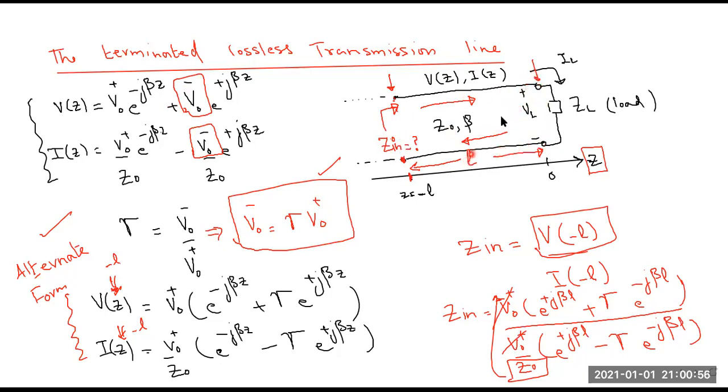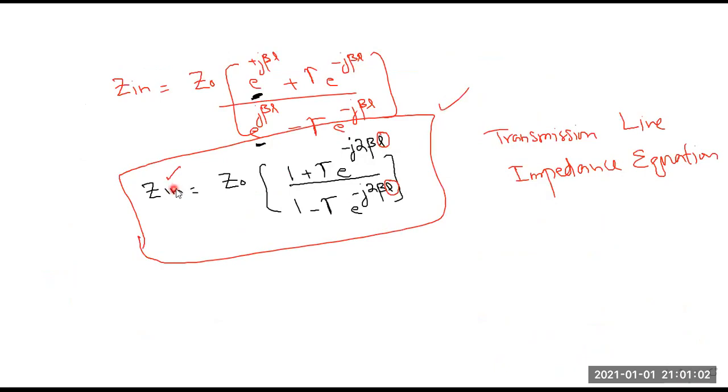So it means you haven't connected any load, so this position will become your input. So even though it is Z in, from this equation, Z in will come out to be equal to ZL.